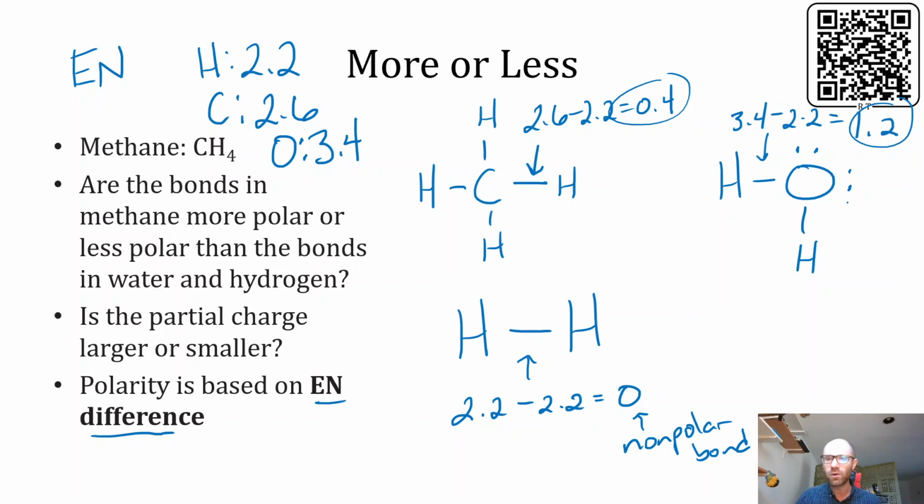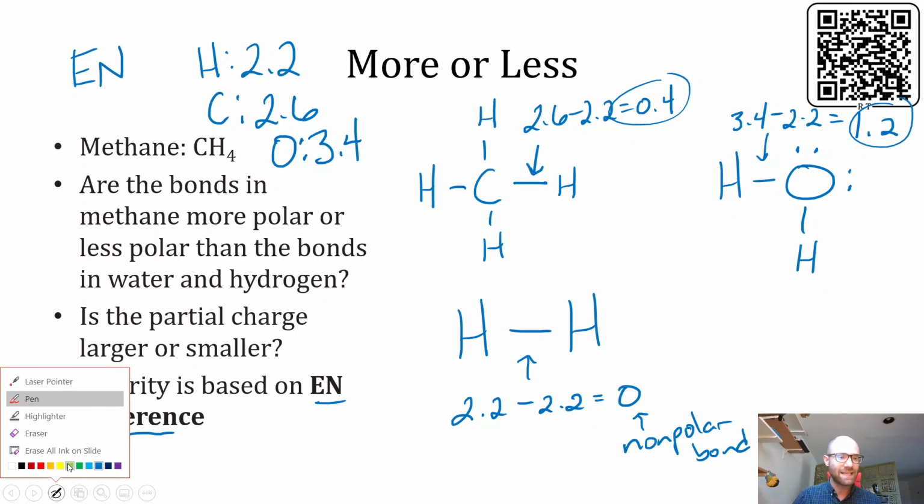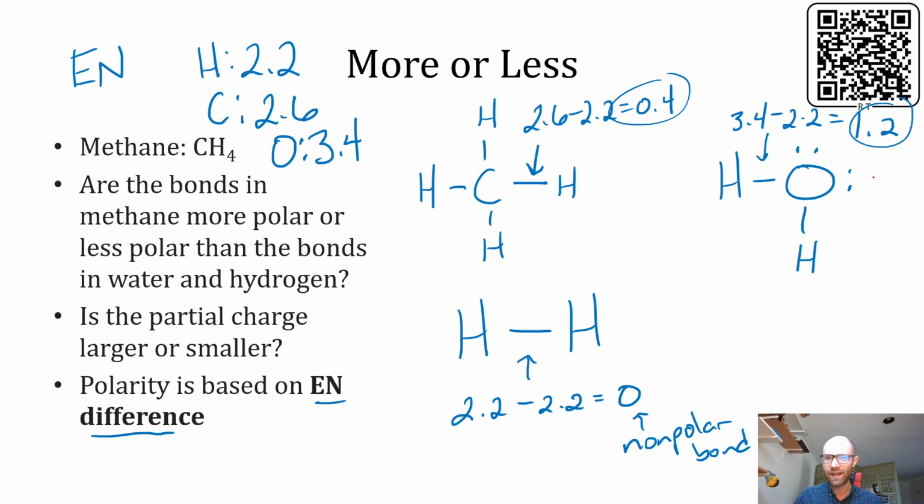So if we were to represent it this way, and you probably shouldn't beyond this slide, by making the symbol bigger, this would be a bigger negative, and this would be a much smaller negative, and this would be a smaller positive, and this would be a much bigger positive. Still not big enough to be an ionic plus and a minus, but it's more polar and less polar, and then nonpolar. No partial charges written here.